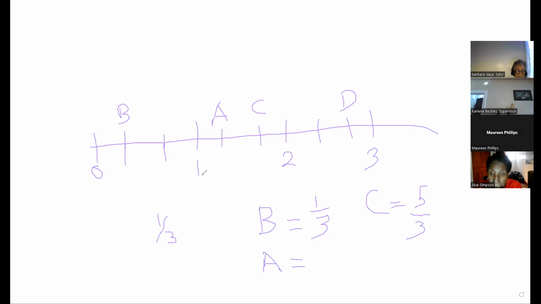You have a 1 here, and you have a 1/3. What's 1 plus 1/3? No, 2 and 2/3 would have to be between these two.